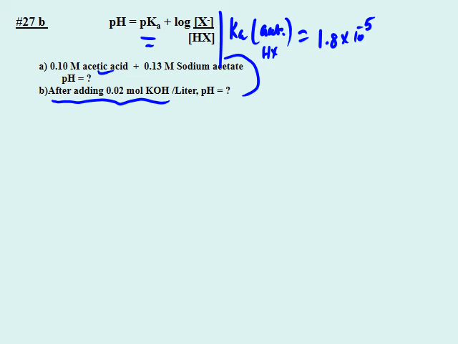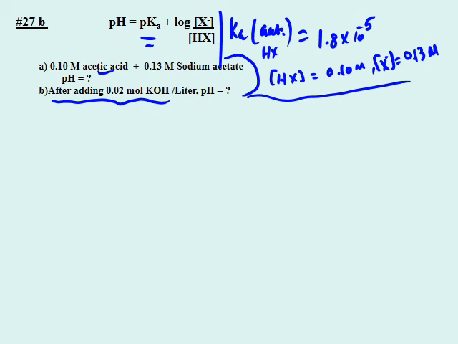So before adding KOH, the concentration of HX is equal to 0.10, and X minus, which is acetate, is 0.13 molar. This is before we add potassium hydroxide.